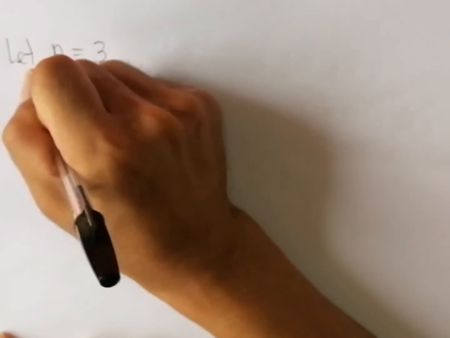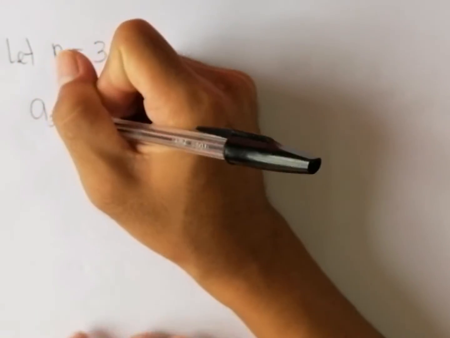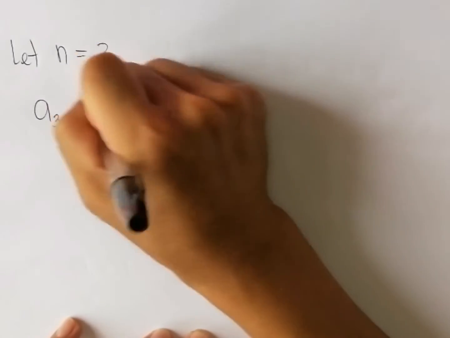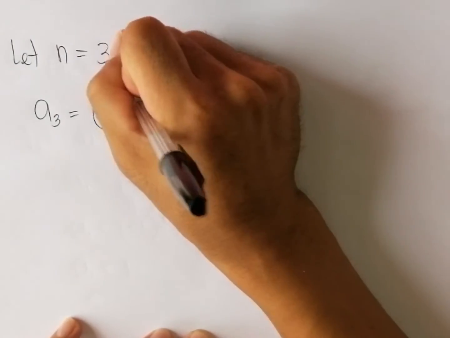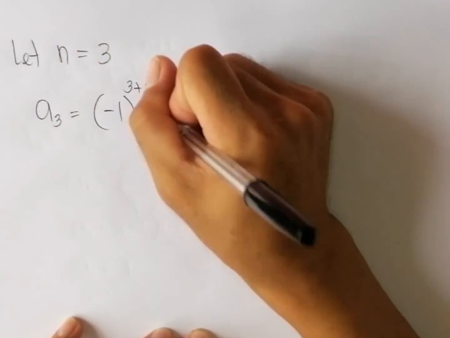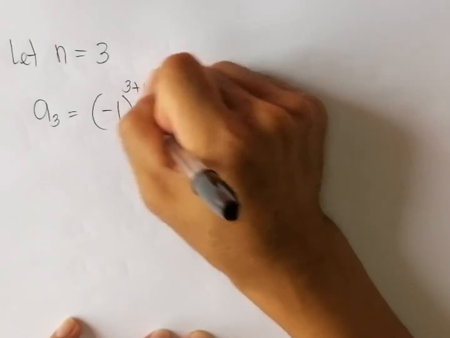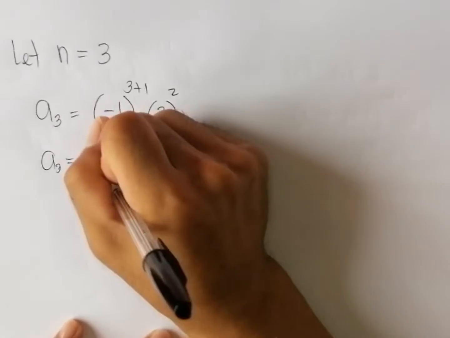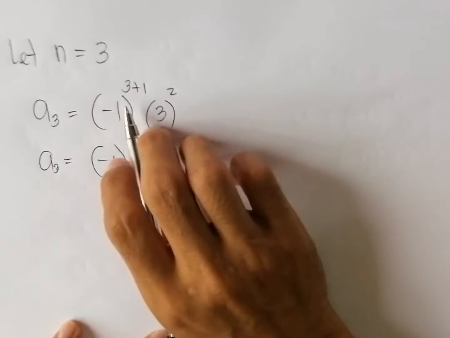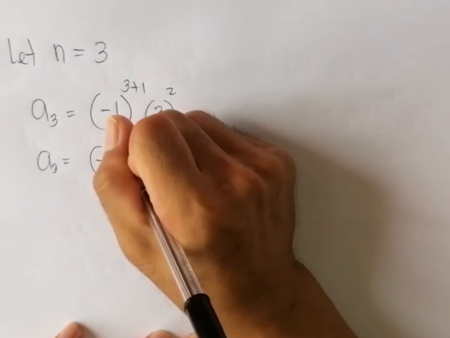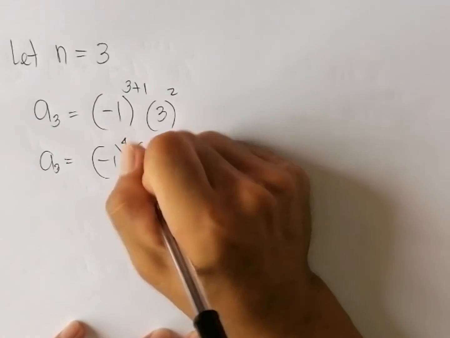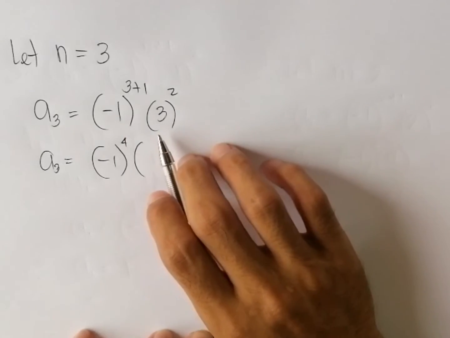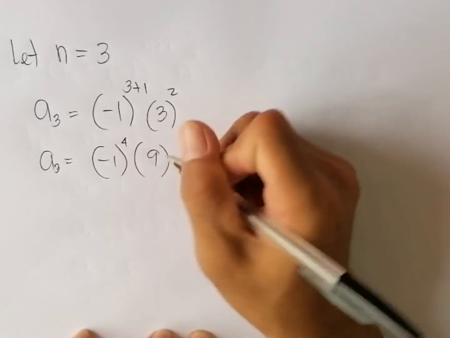Let n is equal to 3. We have a sub 3 is equal to negative 1 raised to the power of 3 plus 1 times 3 squared. So a sub 3 is equal to negative 1, 3 plus 1, that is equal to 4, times the square of 3 is 9.